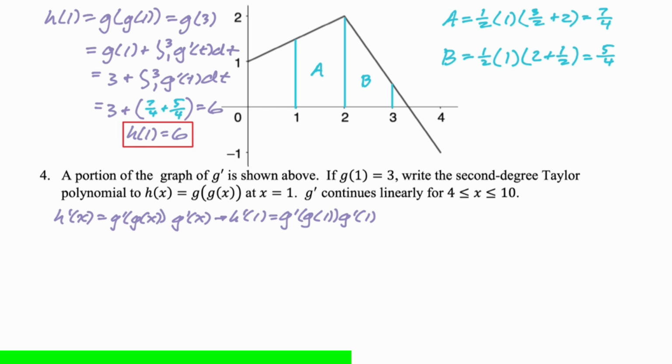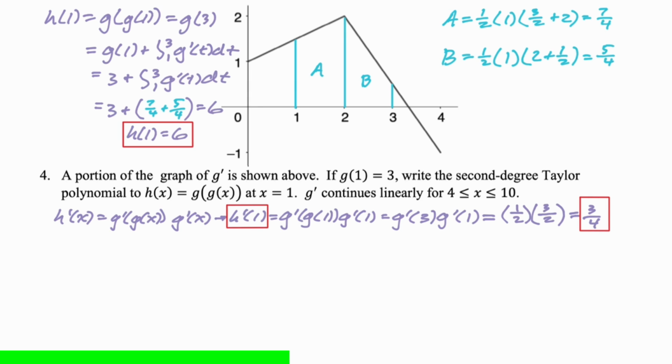So this is actually easy, or I don't know about easy, but so g prime of 3, because g of 1 is 3, and then g prime of 1. This is the graph of g prime that we're looking at. So g prime of 3 is the y value at 3, which is definitely 1/2. And then g prime of 1 is the y value at 1, which is 3/2. So we're given the graph of g prime. You always have to reflect back on that and remember that.